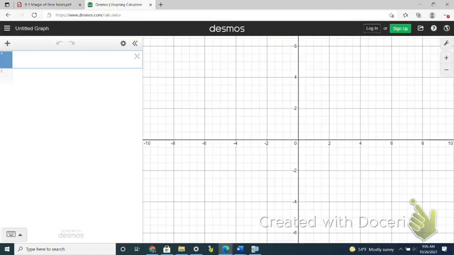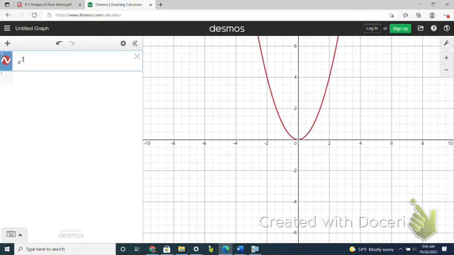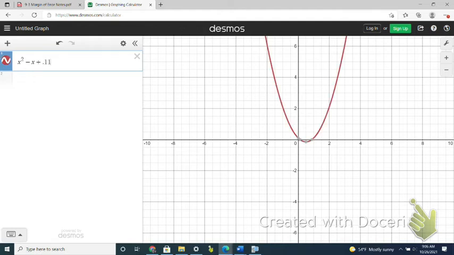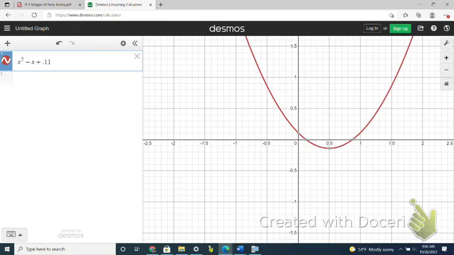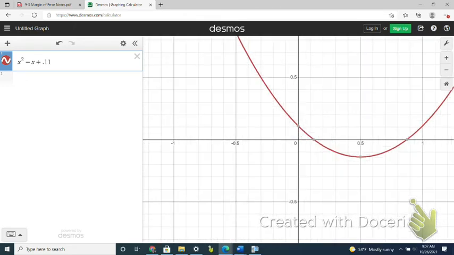So once we are in Desmos, we're going to go ahead and enter our quadratic. I'm just going to use x instead of p, because I want to actually graph it. So as you can see, there's a bunch of little dots down here. Those are the dots I want. So I'm going to go ahead and zoom in until I get a clear picture.